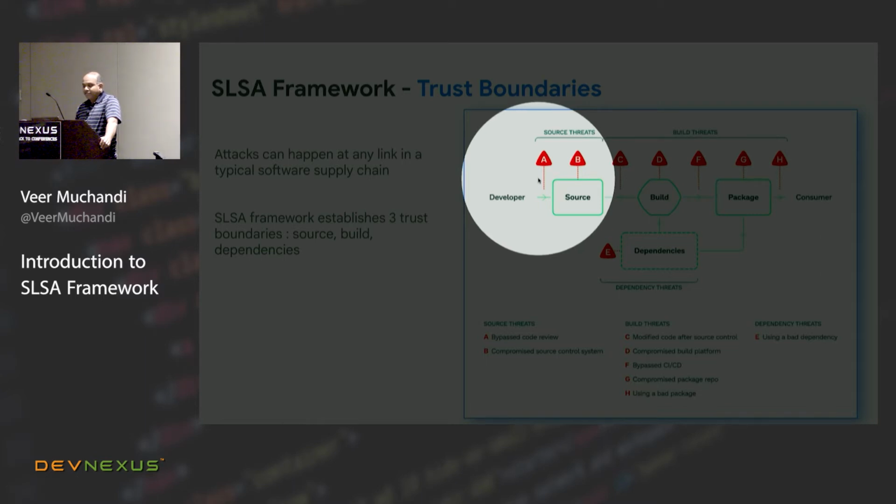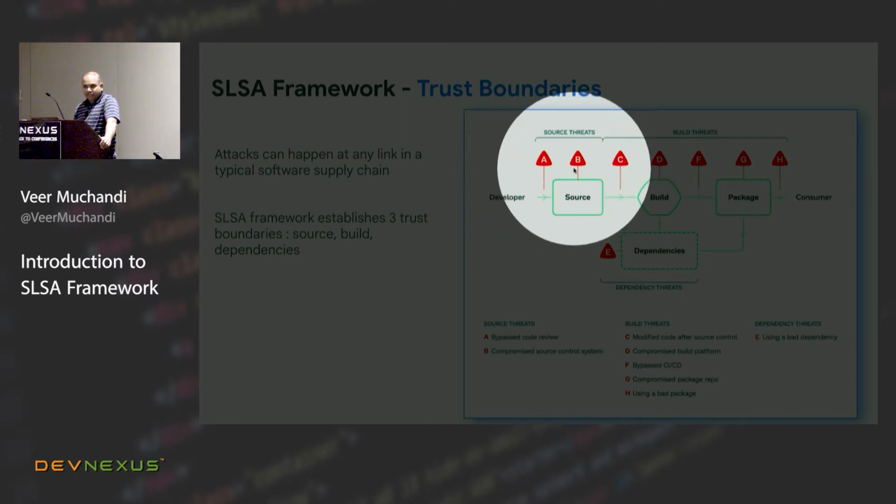This is if they have bypassed the code review. Can that happen? How many of you actually do the code reviews before you check in, right? Yeah. So if that is bypassed and people just check in the code without doing the code review, that's one threat, right? That's where things can go wrong.